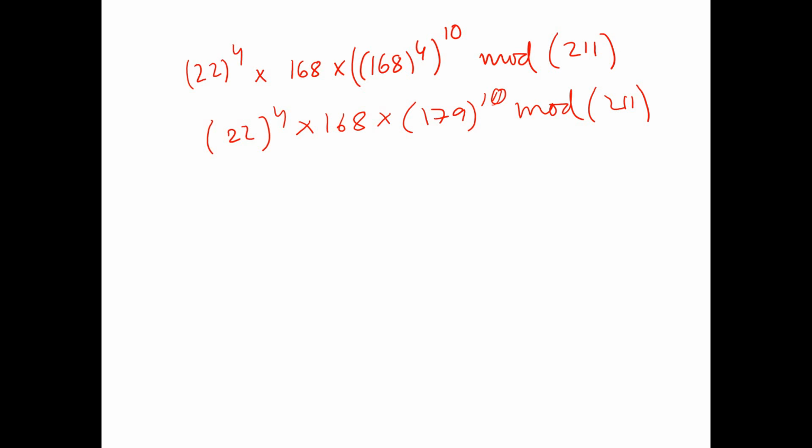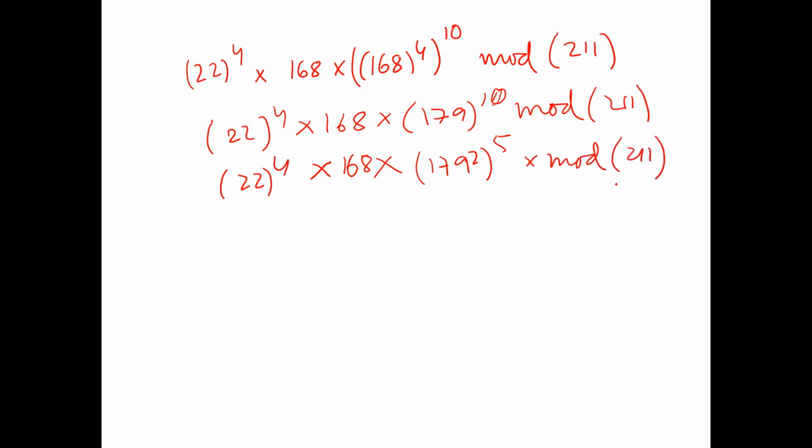If you go on doing it like that, I'm asking you to do 179 square to the power 5, 168 as it is, 22 to the power 4 as it is, mod 211. Again you compute the value inside to the power 5 and go on computing.